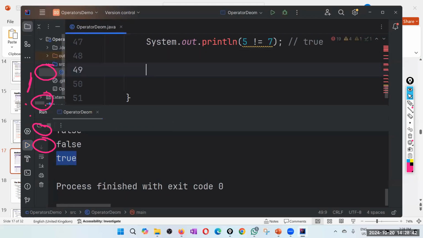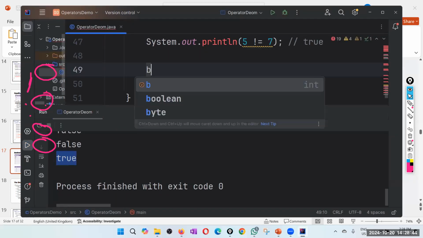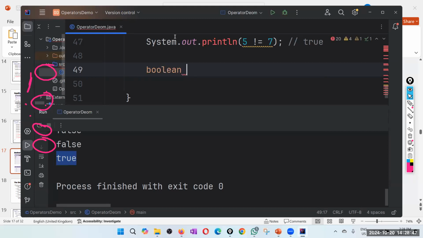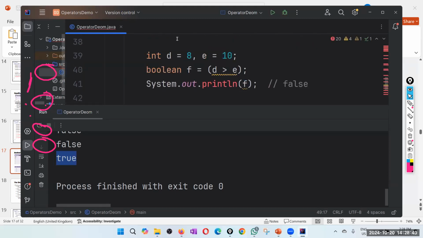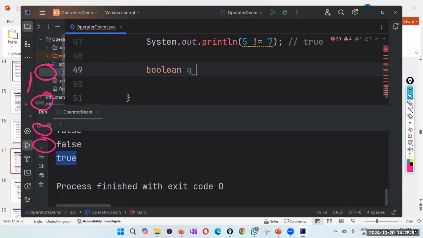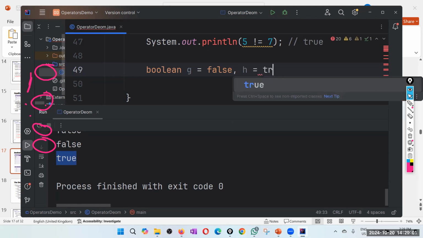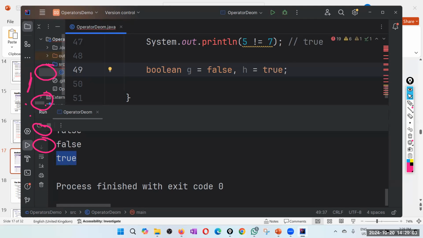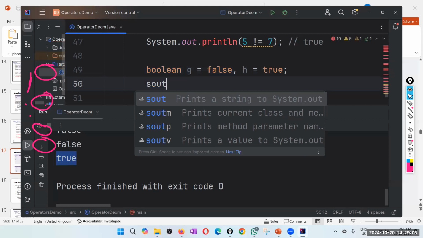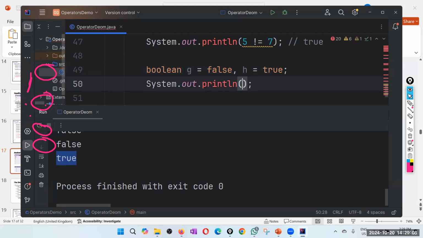Right. So let's say I have a Boolean variable. Let's call this G equal false. And let's have another variable, H equal true. Now if I straight away write it in System.out, G and H. Obviously false and true is false.